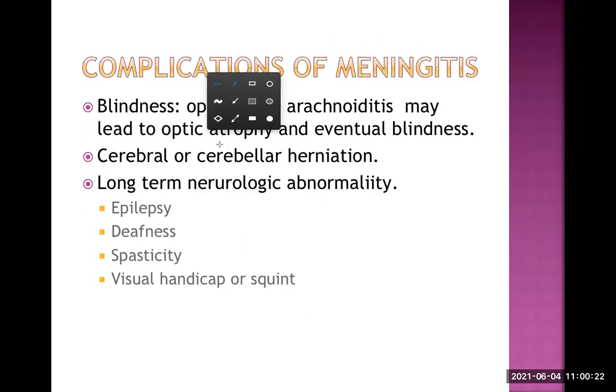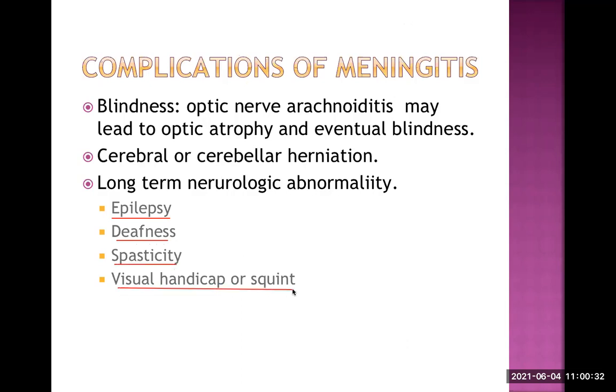Long-term, like epilepsy, deafness, this is sensorineural hearing loss, spasticity of the limb, and even visual handicap or squint development in the child. Squint means diplopia. Strabismus or squint is the synonymous term which leads to diplopia. So these are long-term neurological abnormalities.